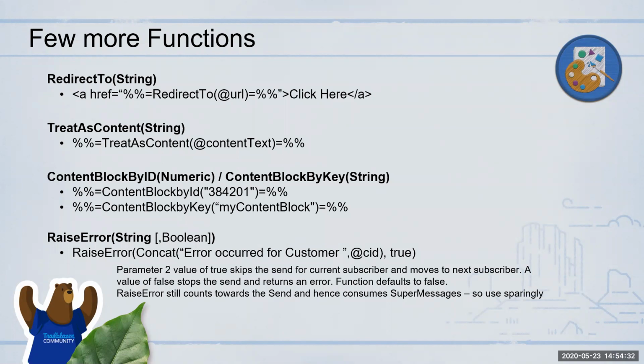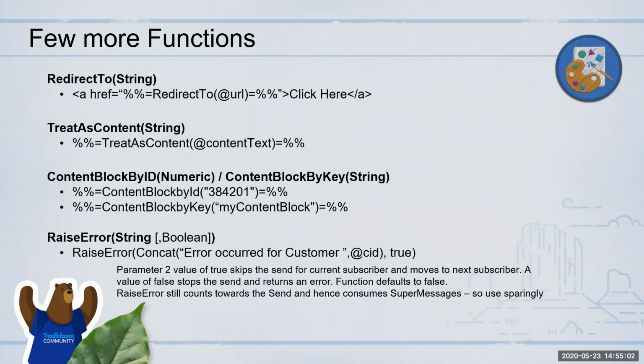Okay, but you have to use this very carefully. It is not meant for stopping anytime there's an error, because it will still count as a send. For example, let's say you are sending to a set of 500,000 subscribers, and you expect maybe half of them will not have a certain value.